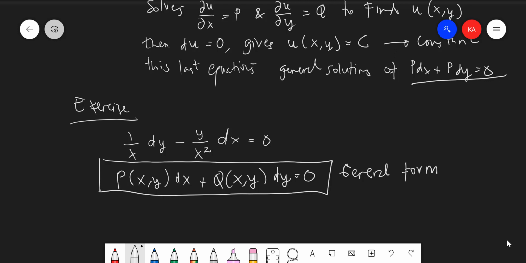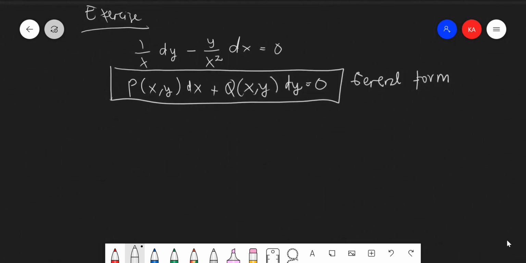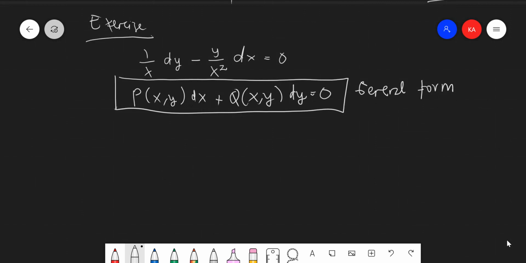Okay, so this is the general form. And then from this one we can see that this is the P, and this is the Q, because this is a dy, so dy refers to Q, and this is dx.